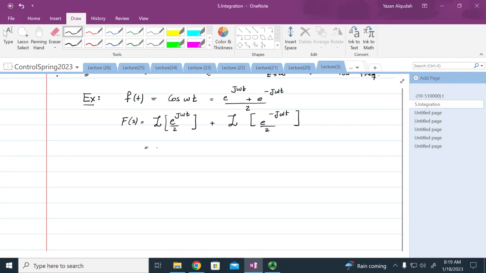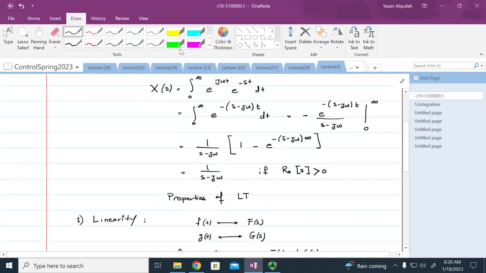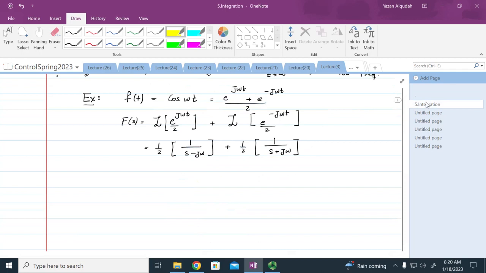So we have 1/2 multiplied by 1 over s minus j omega, plus 1/2 multiplied by 1 over s plus j omega. Agree, everybody? Again, we've done this at the beginning of the class. 1 over s minus j omega, and if it is minus, it's going to be plus j omega.